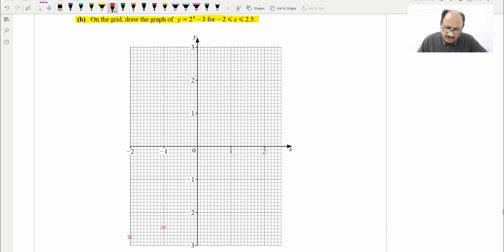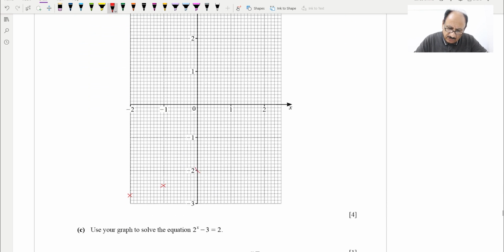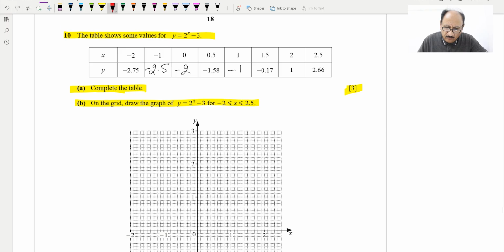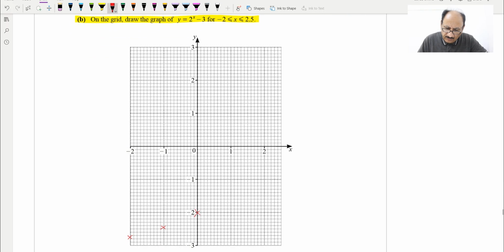Then comes 0 and minus 2. 0 and minus 2 will be here. And then 0.5 and minus 1.58. 0.5 and minus 1.58, so roughly over here.